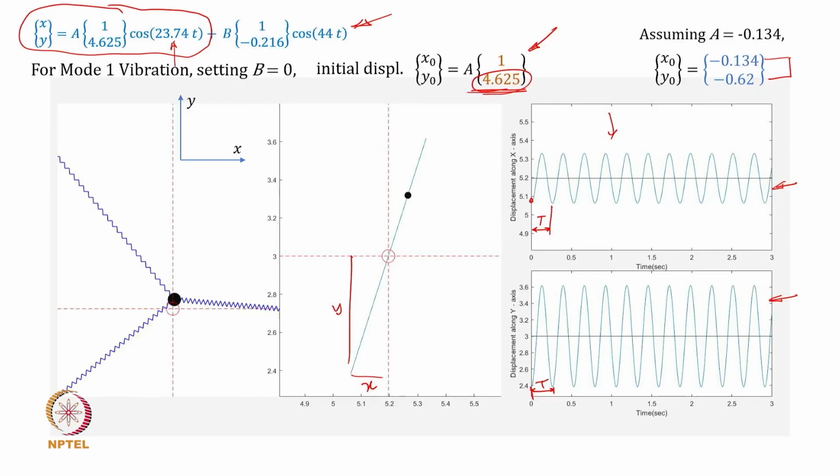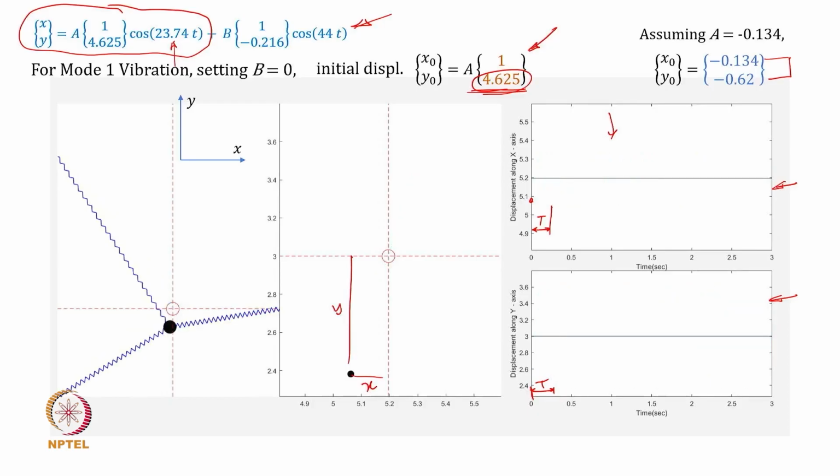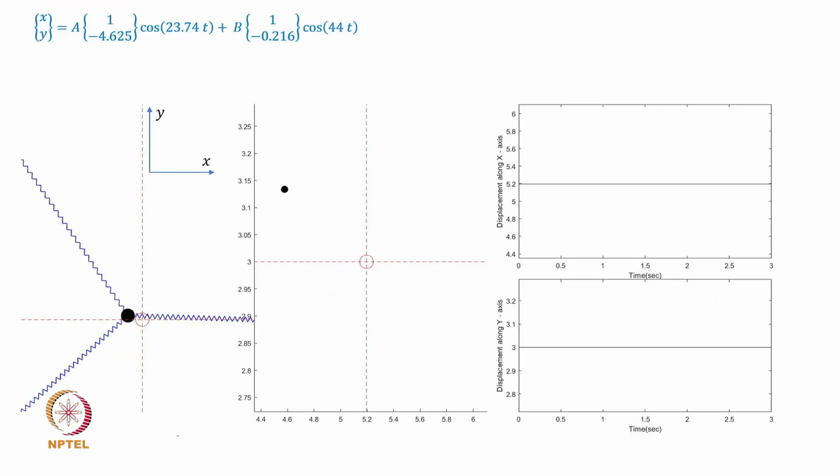And that is why it has executed that motion. Let us now look at similarly what happens to the second mode. Now if we want the system to execute only pure mode vibration at its second natural frequency, then we know that the first term of this general solution, which is the contribution from the first mode, should not contribute, which means A has to be 0 and B has to be non-zero.